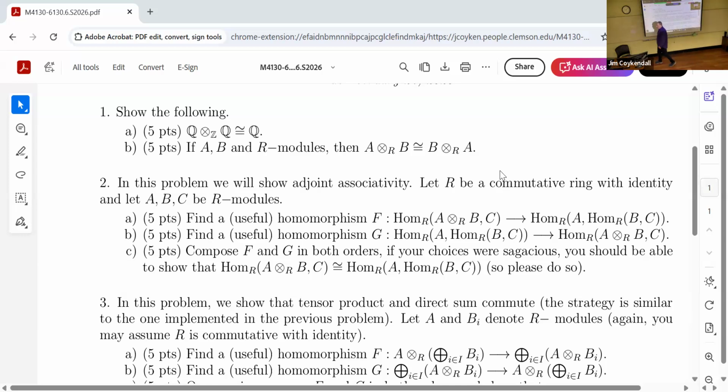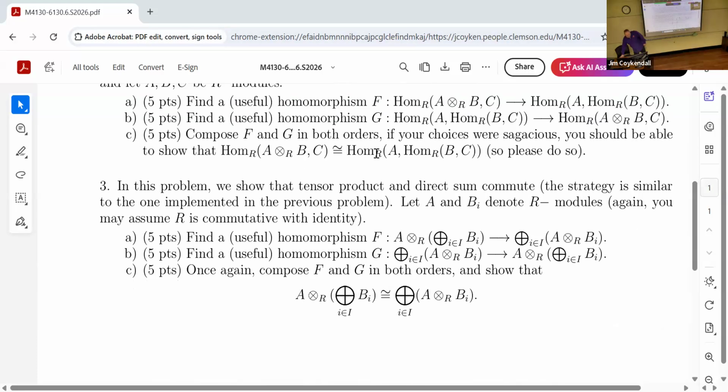And then there's a similar kind of themed problem here with the fact that tensor product and direct sum commute. Here A and B_i are R modules. Find a homomorphism that goes from A tensor the direct sum of the B_i into the direct sum of the separate A tensor B_i.